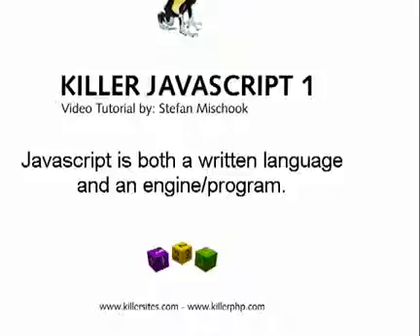So you can see JavaScript as being both a human readable written language as well as being an engine software that processes the language and executes the code. So the JavaScript engine, a piece of software, is actually installed into all modern web browsers.